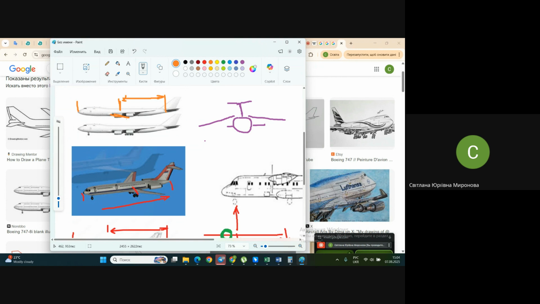Comparatively to the Ilyushin in question, where we have engines at the rear fuselage, this decision resulted in shifting of the wing closer to the nose, and due to this, you may reduce the area of the stabilizer, and due to this, you reduce the general weight.